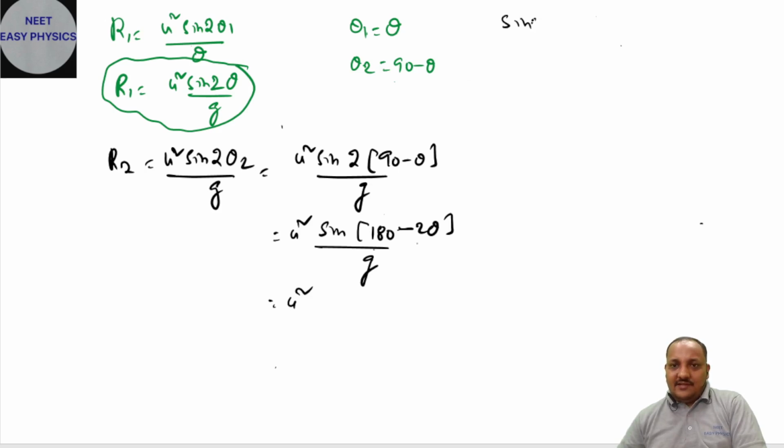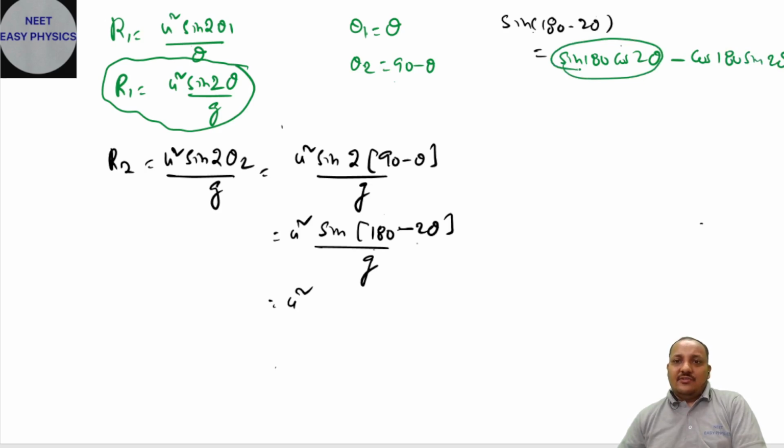For this we already discussed, it is going to be sine (A minus B). If you forgot, in basics we discussed sine A cos B minus cos A sine B. So sine 180 is going to be 0. If you forgot this sine 180 is 0, again you can write sine (90 plus 90). Otherwise you can see our basics class, you will get all these.